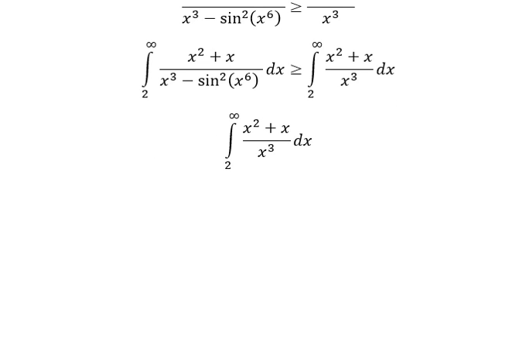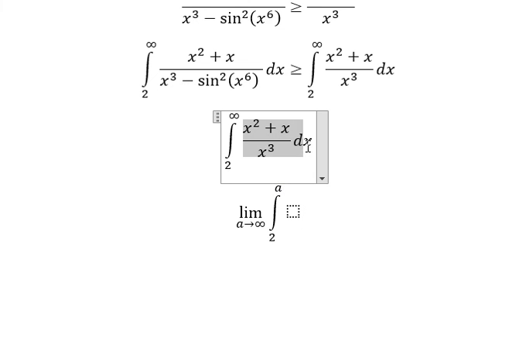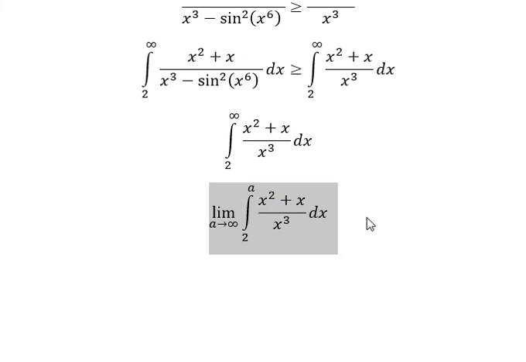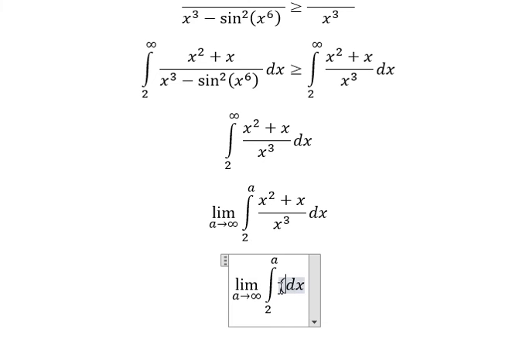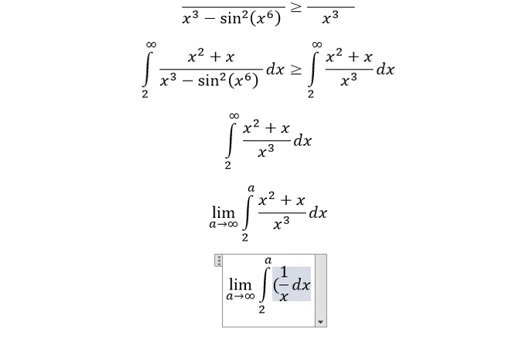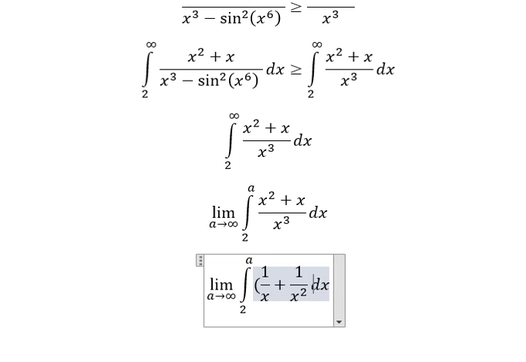I will put the limit as a approaches positive infinity. So we have the integration from number 2 to a. So s squared divided by s to the power of 3. S divided by s to the power of 3, you get 1 over s plus 1 over s squared.